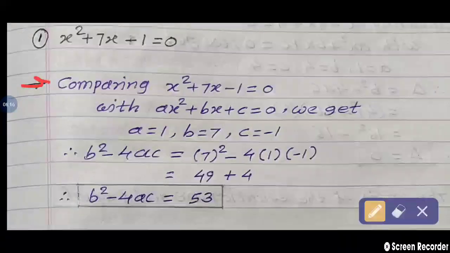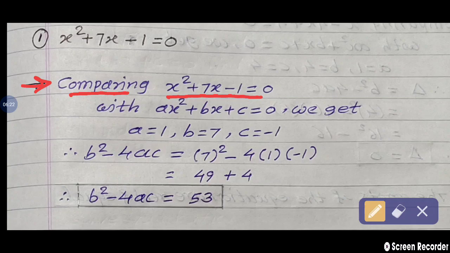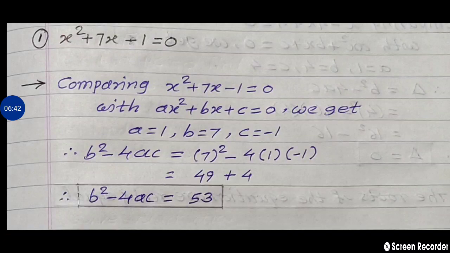Now the answer starts here. What is the given equation that we write here? Comparing x square plus 7x minus 1 is equal to 0 with the standard form ax square plus bx plus c is equal to 0, we get, therefore, the value of a is what?